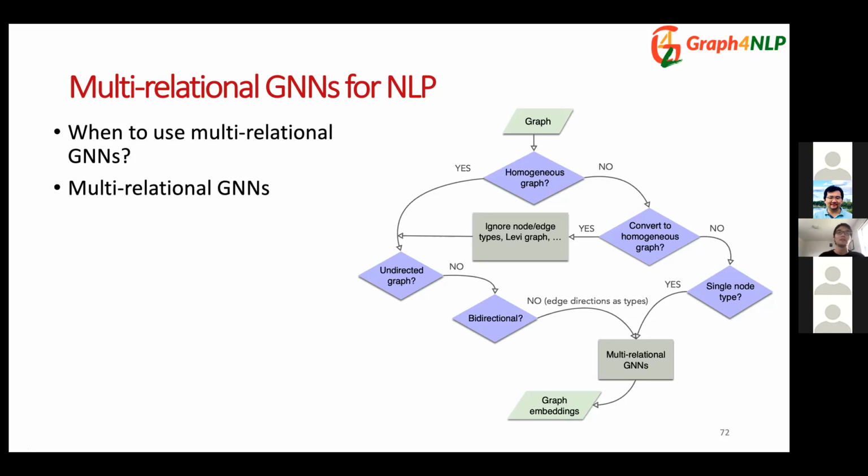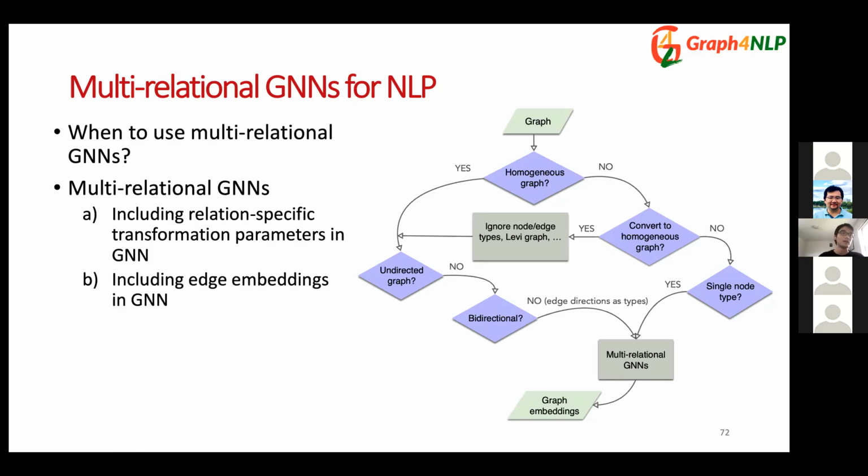As for multi-relational GNNs, there are many variants. Specifically, we will introduce three typical variants in this tutorial. One is to include relation-specific transformation parameters in GNNs, which we call RGNN, relational GNN. The second strategy is to include edge embeddings explicitly in GNNs.